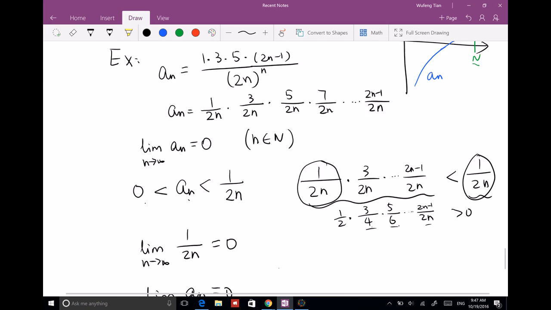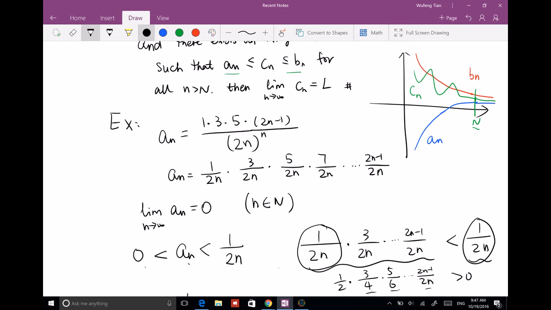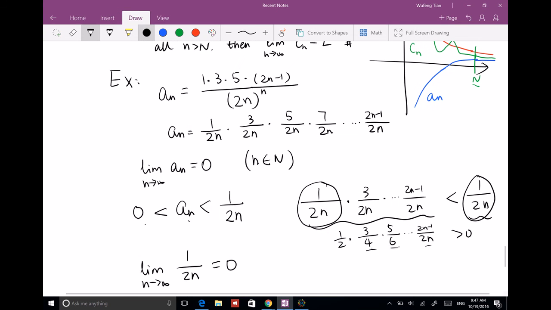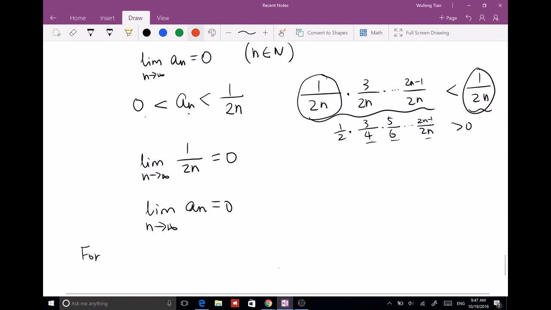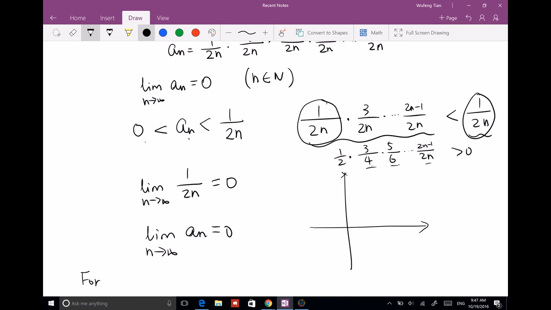This is the same idea as we have here. If you draw a picture, you can tell 1 over 2n is pretty much like this, and as n goes to infinity it converges to 0. For example, this is 1 over 2n.